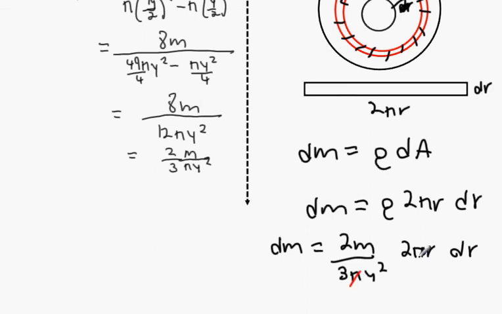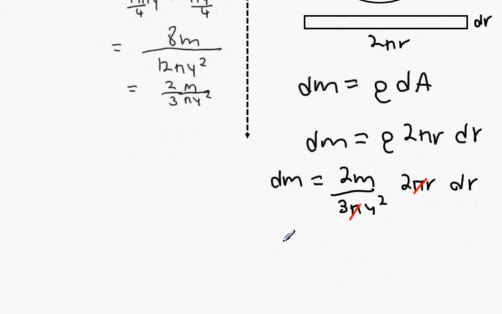Let's cross off these ones here. Now what we're left with is dm equals 4 over 3, y squared r dr. Now let's get our formula: 4m, yeah, 4m, m on top.